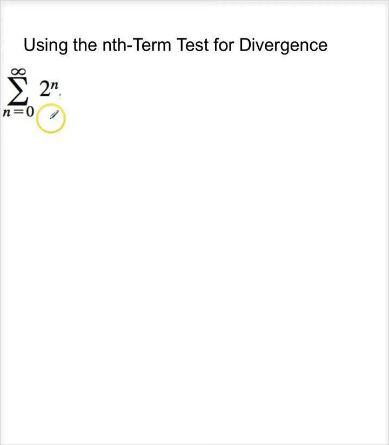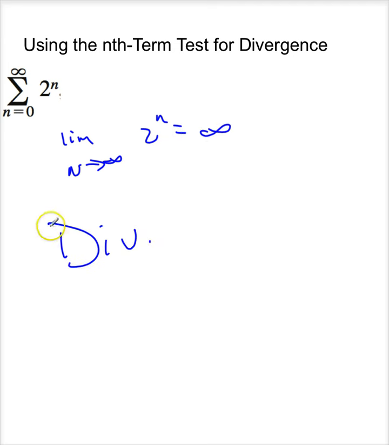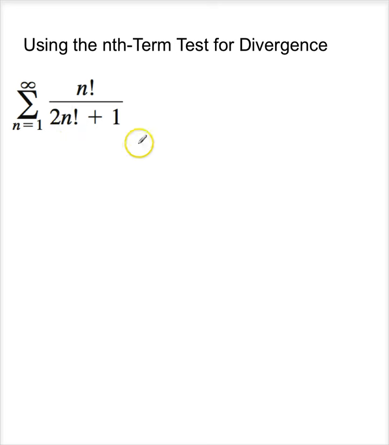So let's look at this series right here. The sum as n goes to infinity of 2 to the n. Well, the limit as n approaches infinity of 2 to the n is infinity, so this diverges because the nth term does not go to 0. What about this one right here?